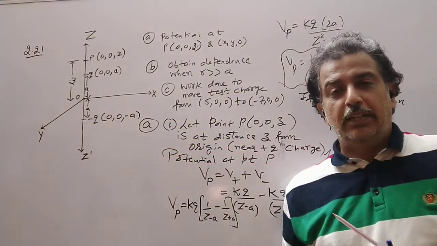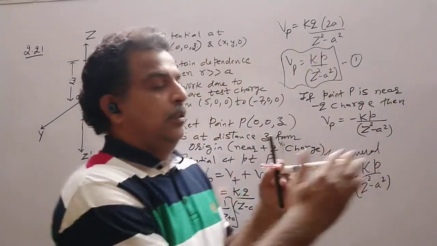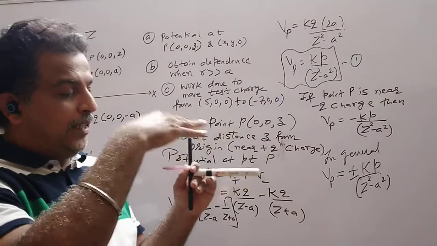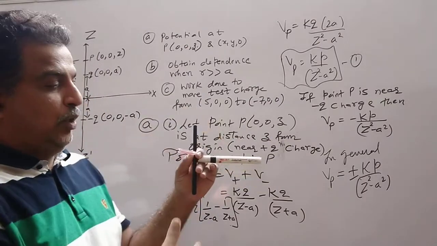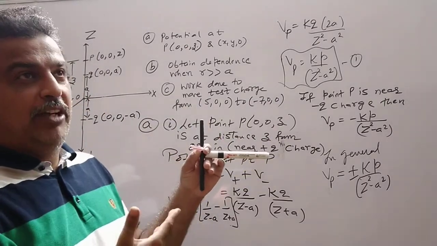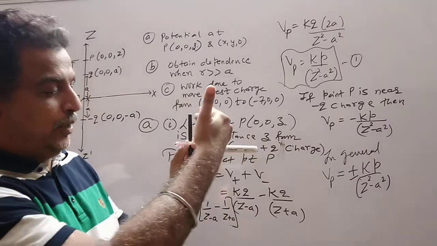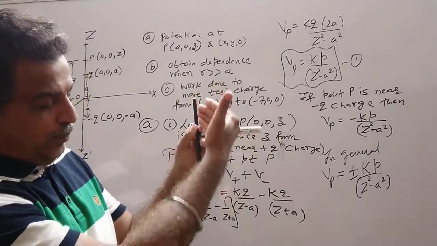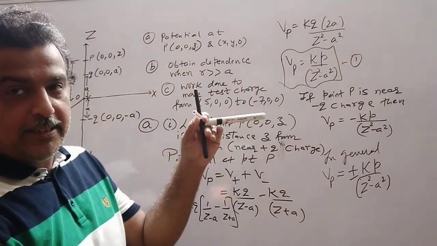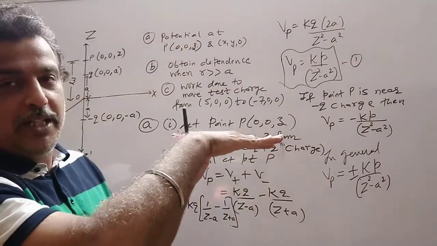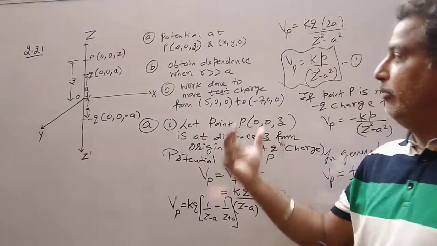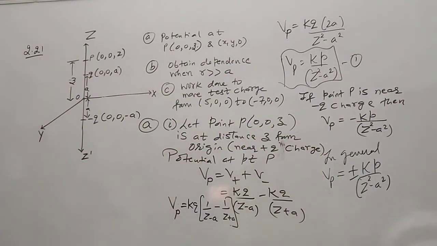Also, if I take this plane, for any plus charge we know that the electric field intensity is from positive to negative. So the electric field intensity is along the negative z-axis, and then this plane will become the equipotential plane also. However, here you have to take a point in the xy plane.